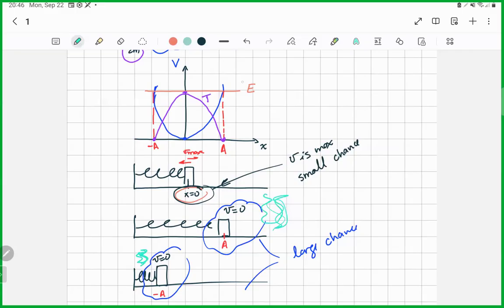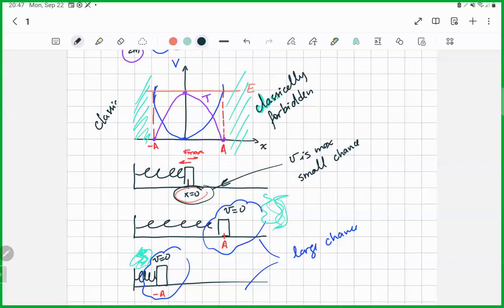So this whole region here, beyond the amplitude, I'll put it in black, is classically prohibited or classically forbidden. And the same thing on this region here. We cannot find the particle there because it doesn't have energy to be there. Classically forbidden. Okay, so this is very important.